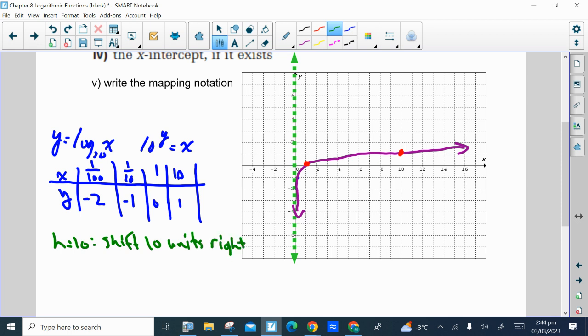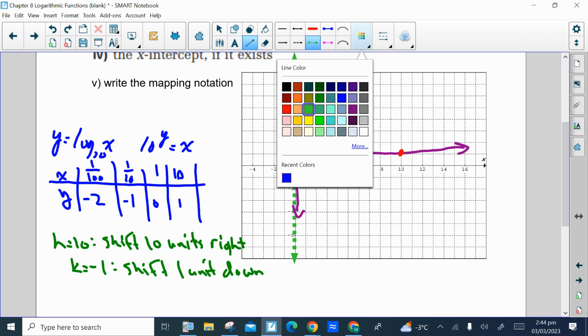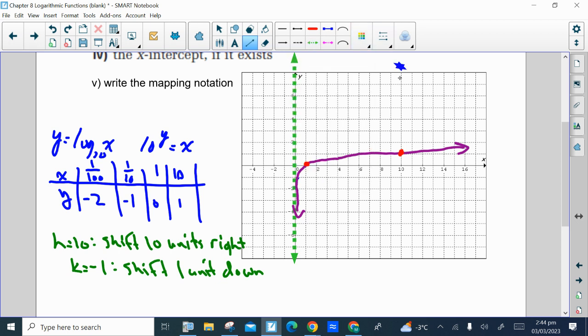And we have a k value of -1, which means it's going to shift 1 down. So everything is going to go 10 to the right, including the vertical asymptote. And all the points will go 10 to the right and 1 down.